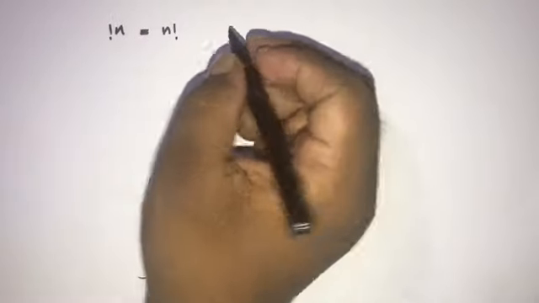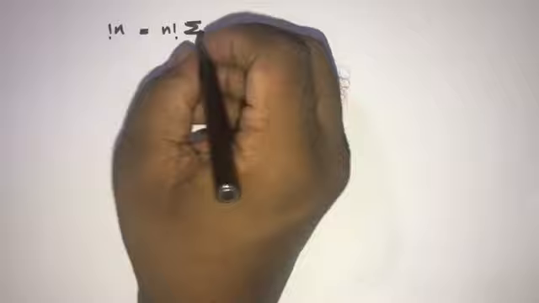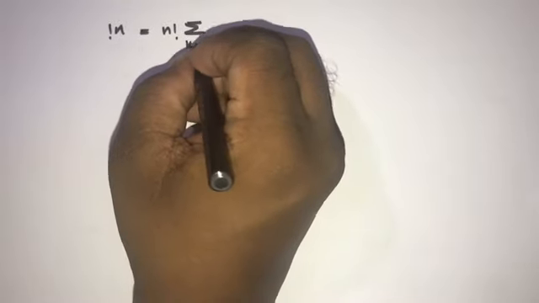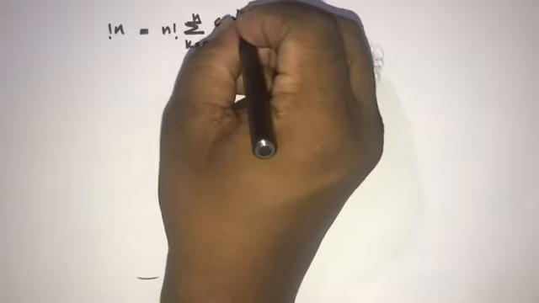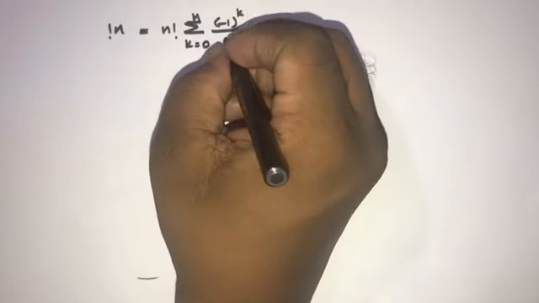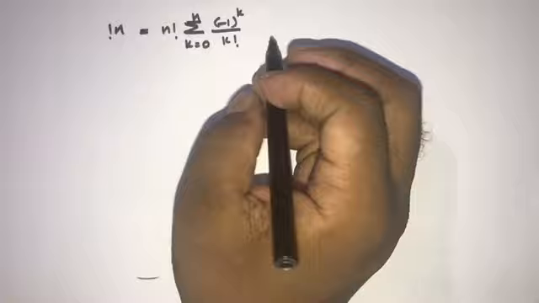What are the formulas for n subfactorial? First, n subfactorial is equal to n factorial times the sum of k equals 0 to n, of minus 1 to the kth power over k factorial.